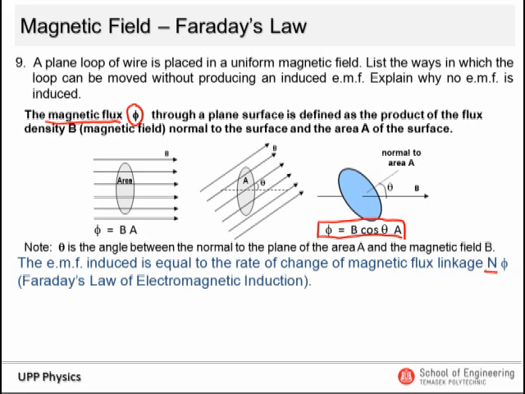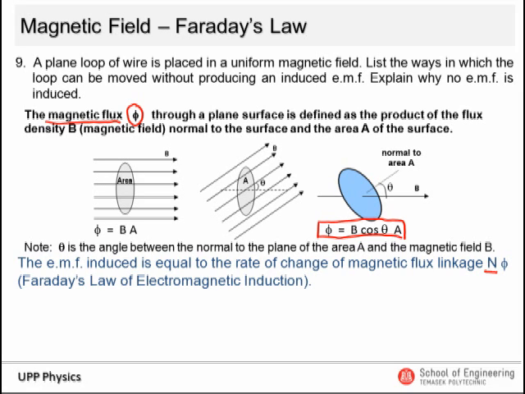So N actually represents the number of turns of the wire. So when magnetic flux linkage changes with time within the wire, EMF is induced in the wire.